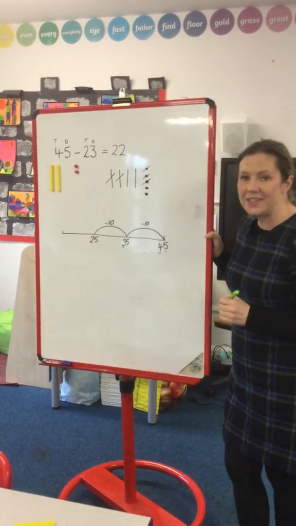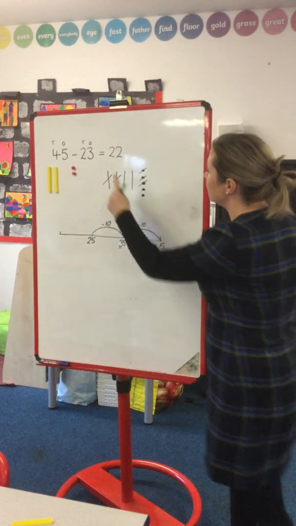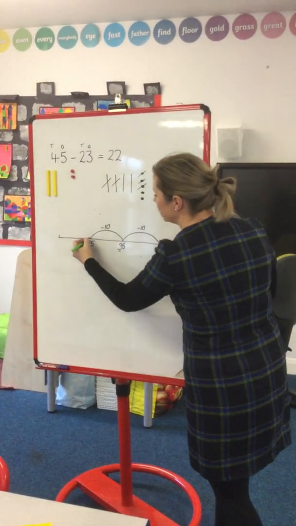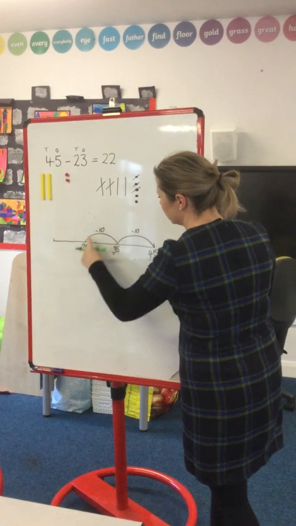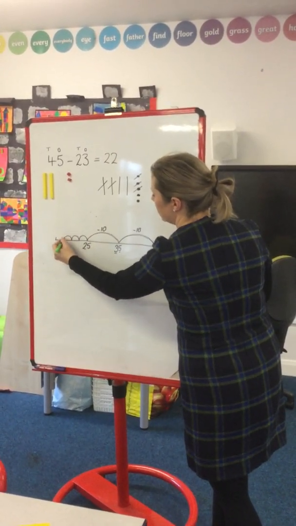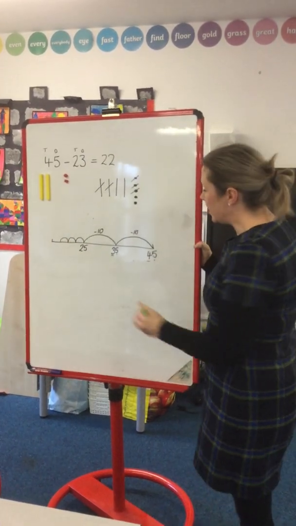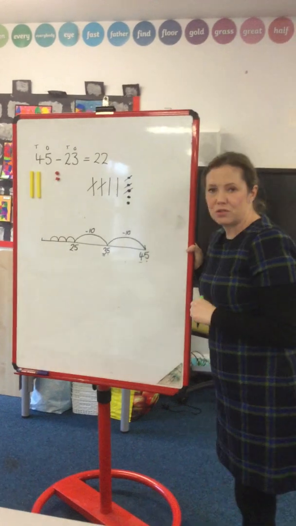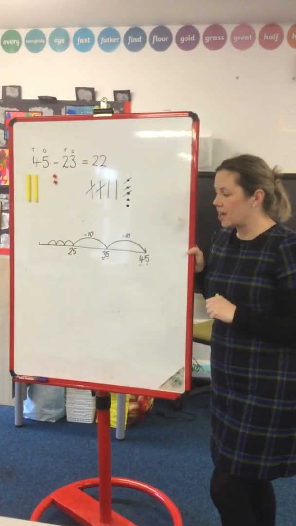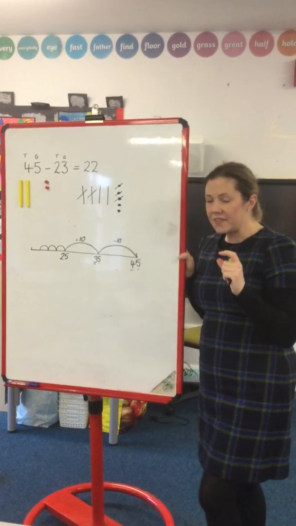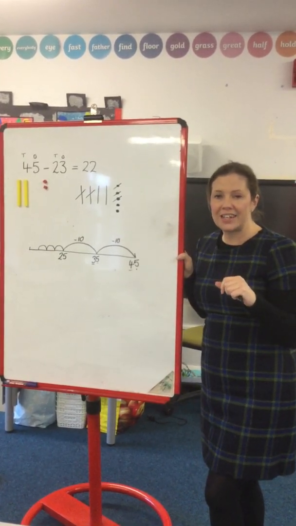So now I've taken away the 2 10s, I'm going to look at the 3 1s, and to show that those 1s are much smaller than these groups of 10 I've taken away, I'm going to do 1, 2, 3 little jumps. Now you can see there that there's not much room to write those numbers in there, and sometimes if we try to squash those numbers in, then it can muddle us up when we're doing our calculations.